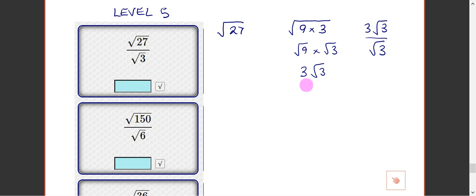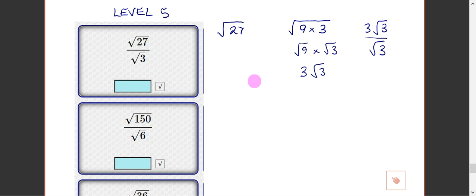What do you do? What do you get if you divide something by itself? 1. So instead of 3 times root 3 divided by root 3, that's basically what we're saying here.